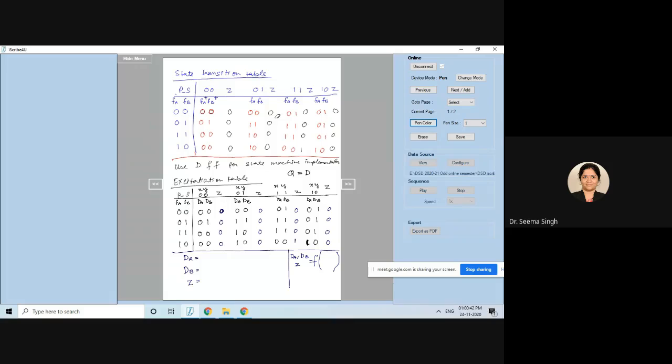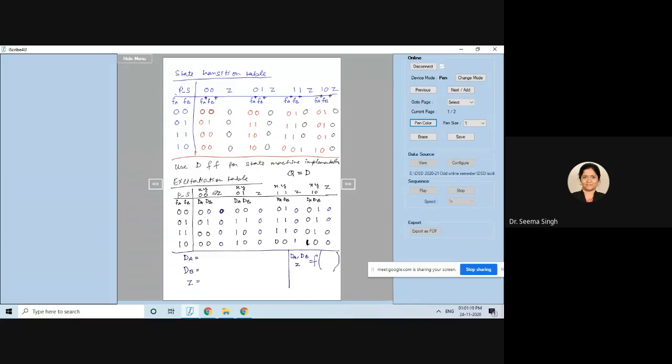You remember we used to write Q and Q plus. Whatever is on the right hand side is your next state, the way you had in counters. The next state depends upon your present state as well as the input, and for that we made this excitation table, which will make my next state FA plus and FB plus.